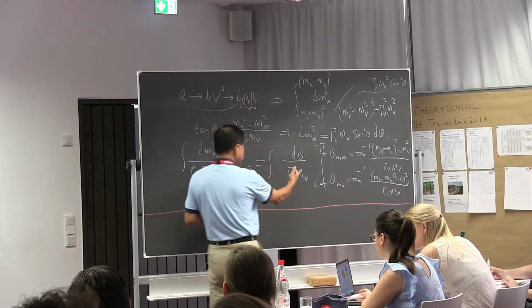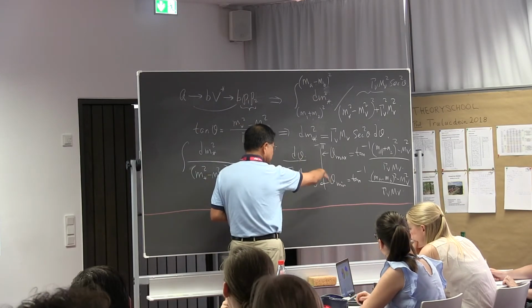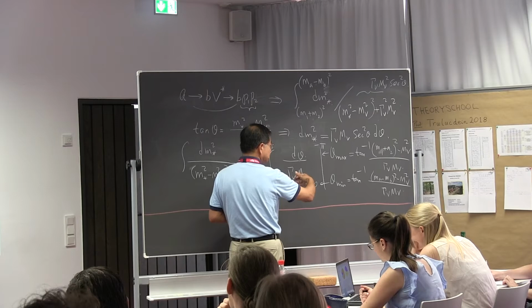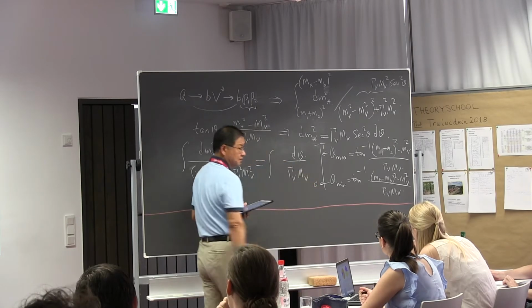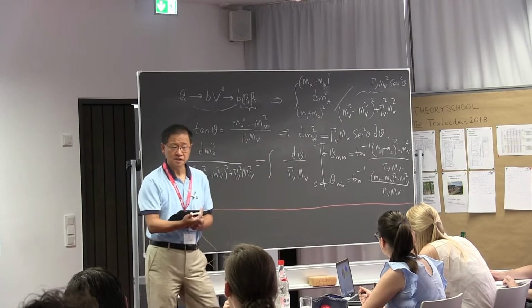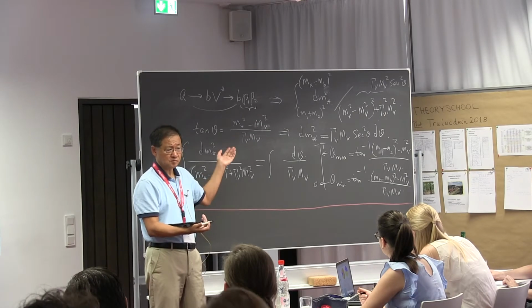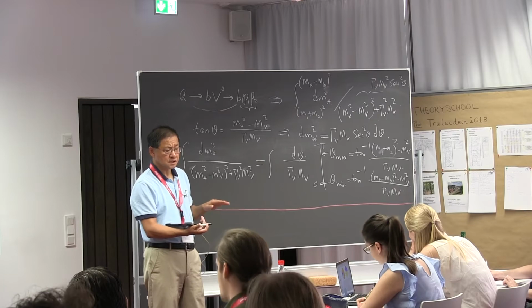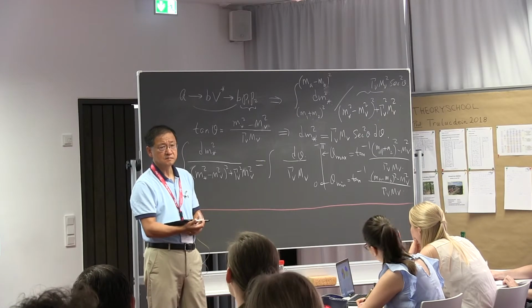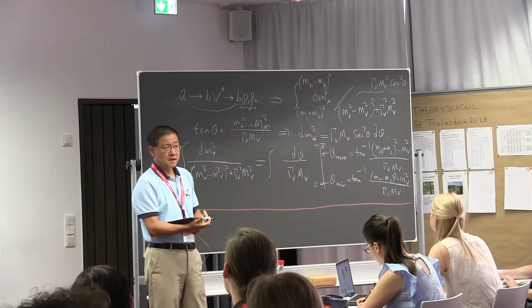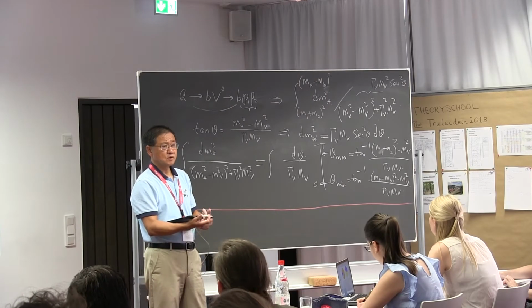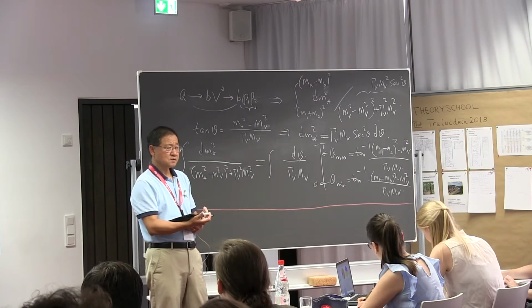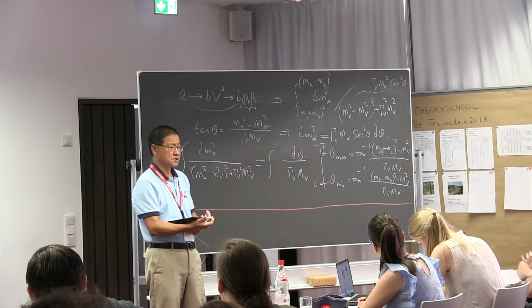So now the good thing is that for this variable, after this transformation, you pick up a Jacobian factor to give the volume. This distribution is flat. Again, I gave you the example already. You put even through one shot, you get 100% right. So this is the way that you want to treat your own calculation to make this integration smoother, so that your Monte Carlo will be extremely efficient.